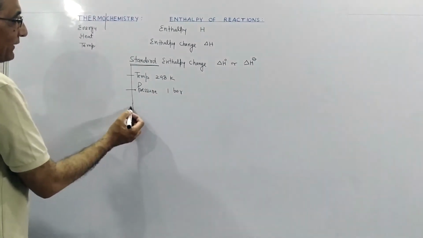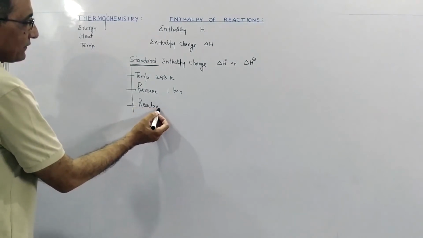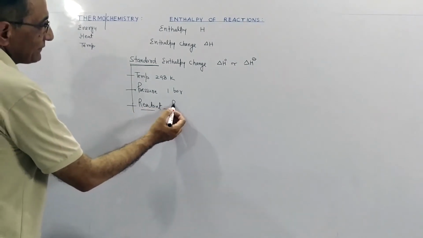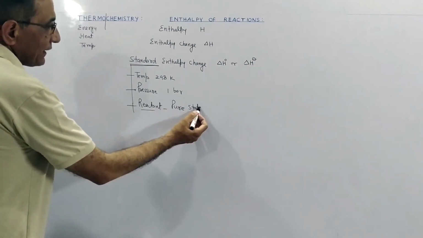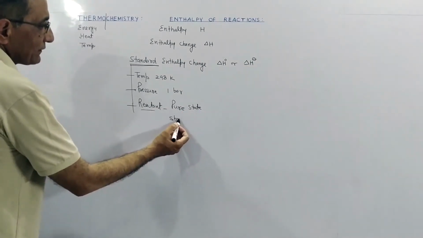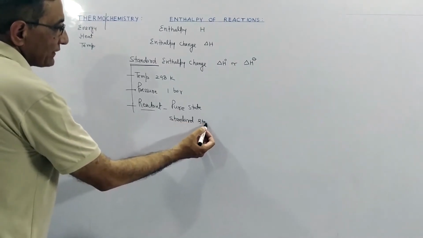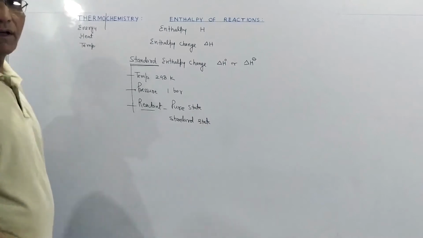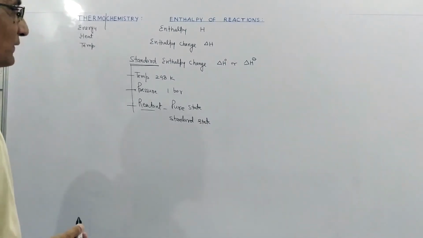And a very important thing, that reactants must be in their pure state and in standard state. For example, the standard state of carbon is graphite, although it possesses diamond and fullerene structure also.